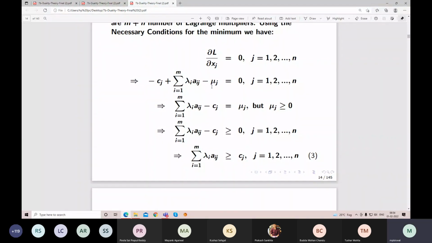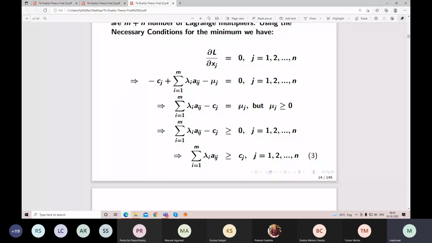Here we will keep something in the left hand side, something in the right hand side. We are taking mu j to the right hand side. So summation over I from 1 to m of lambda I aij minus cj equals mu j.